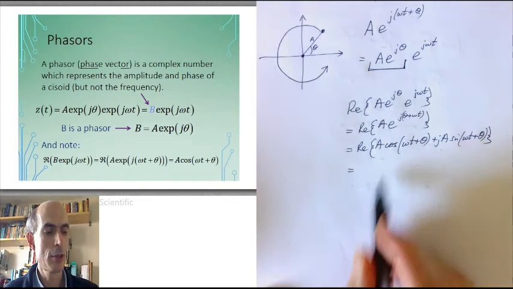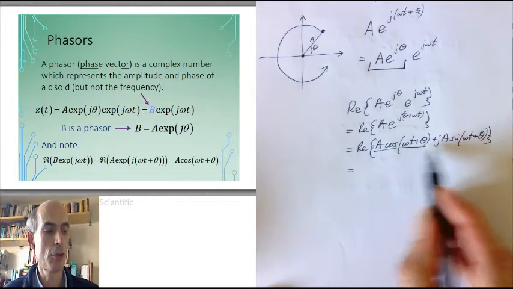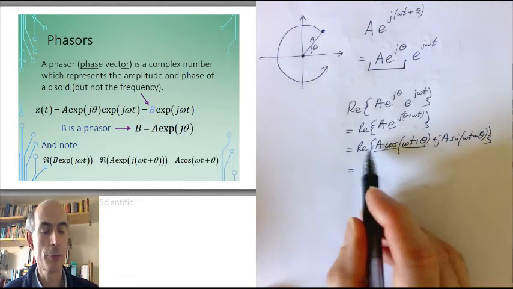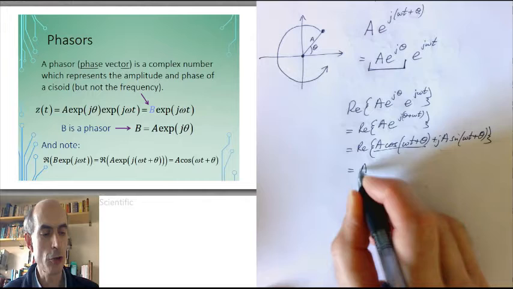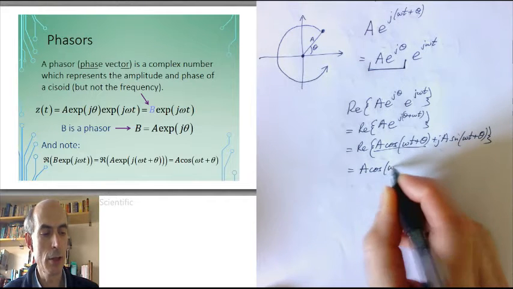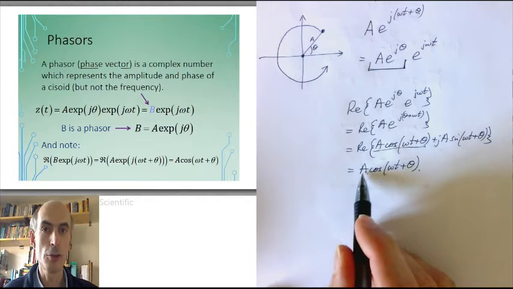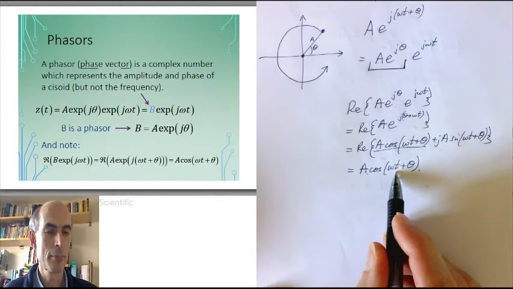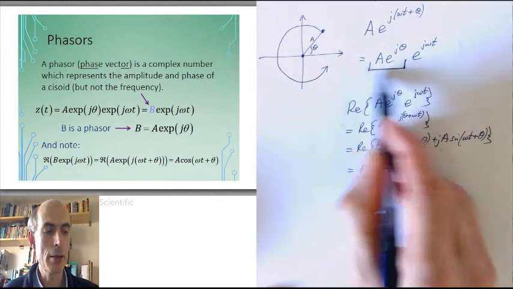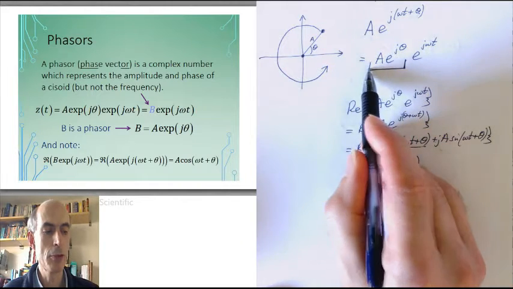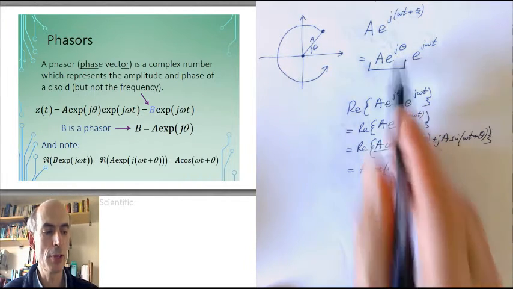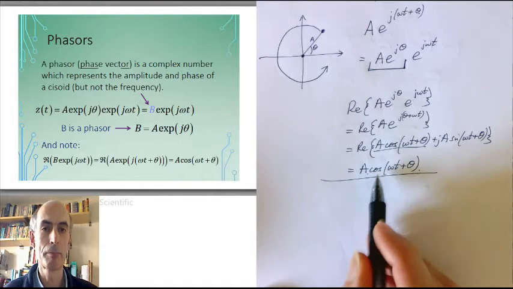And that is just equal to this, because this is completely imaginary, and if we're only considering the real part, we're just left with A cosine (omega t plus theta). That's a real sinusoidal oscillation. So this complex number up here can be considered to be a phasor representation of this waveform.